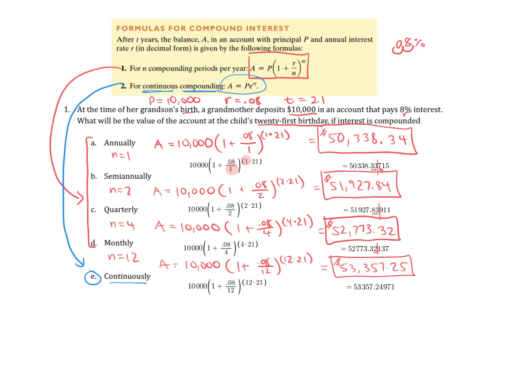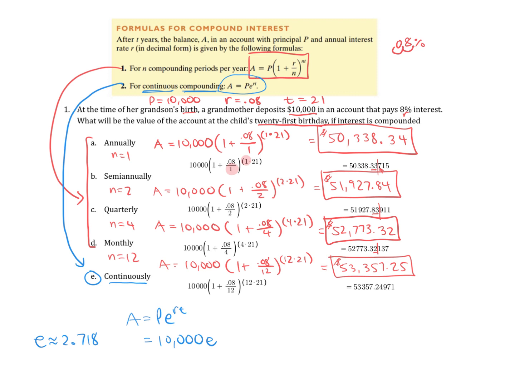So I'm going to use A equals PE to the RT. P is still 10,000, so I still start with 10,000, and then I just type in my calculator the letter E. E is approximately 2.718. And E is just a constant that we use in exponential growth and decay problems.